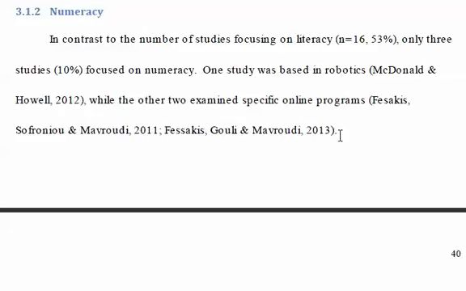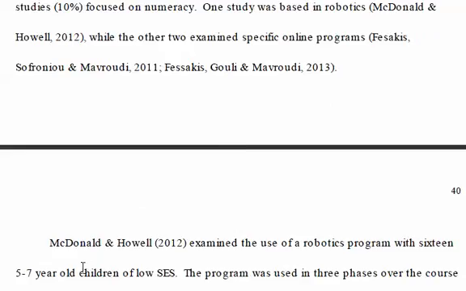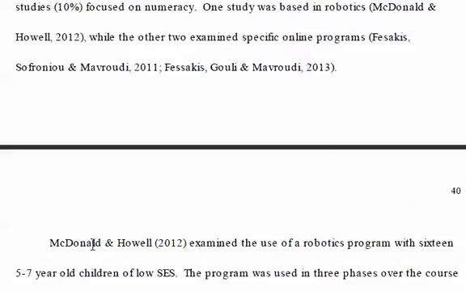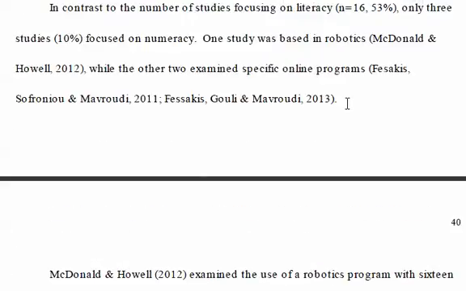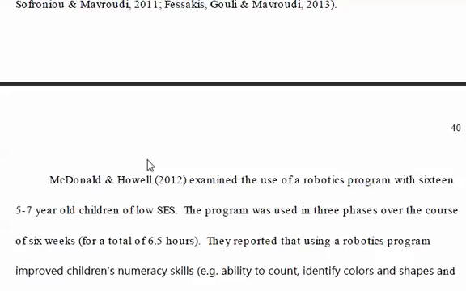So that's a general introduction to these. And then the student actually talks about each of these specific studies in a paragraph each. So that works quite well. There's an overview statement about the studies and what they're focusing on. So it prepares the reader, and then each study is talked about in detail.